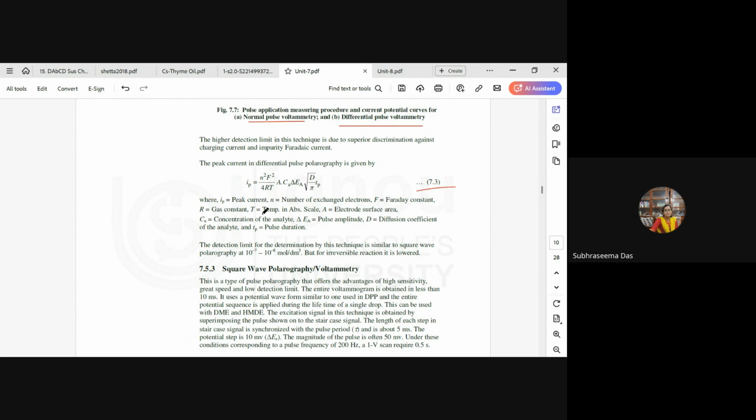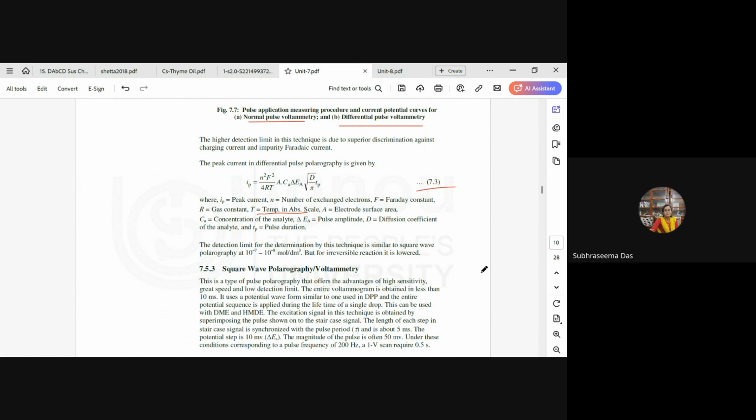Here Ip represents the peak current, small n is the number of exchanged electrons, F is the Faraday constant, R is the gas constant, T is the temperature in Kelvin, capital A is the surface area of the electrode, Ca is the concentration of the analyte, delta E A is the pulse amplitude, capital D is the diffusion coefficient, and tp is the pulse duration.